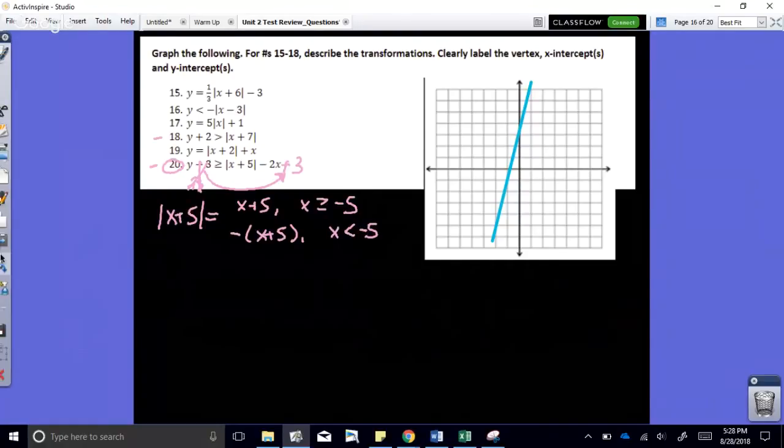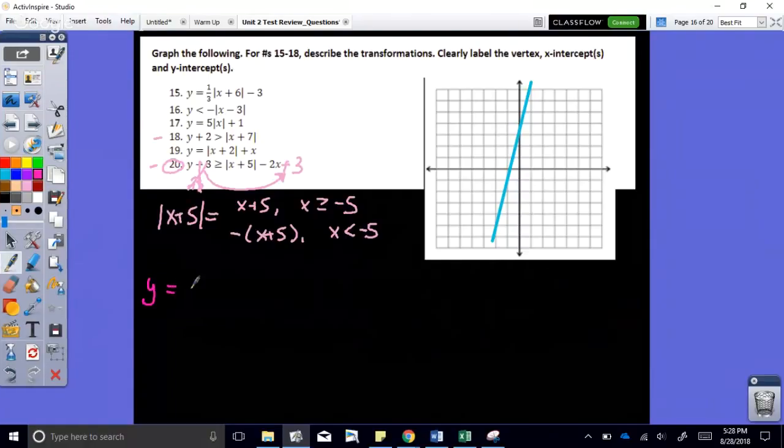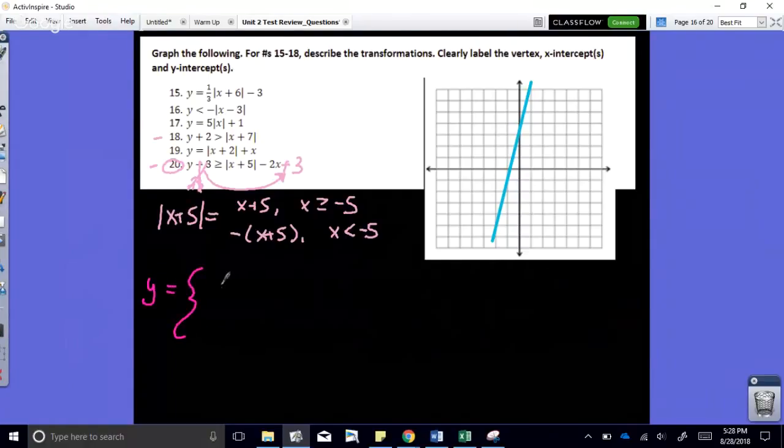So if we put that all together, we have y equals x plus 5 minus 2x, now plus 3, which is -x plus 8, and we use that if x is greater than or equal to -5.